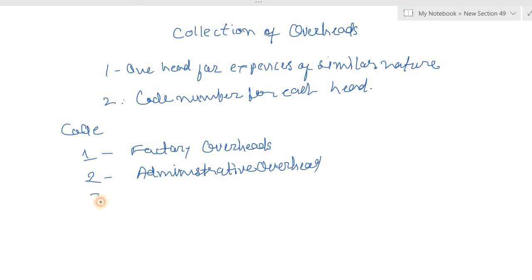Code number 3 for selling and distribution overhead.